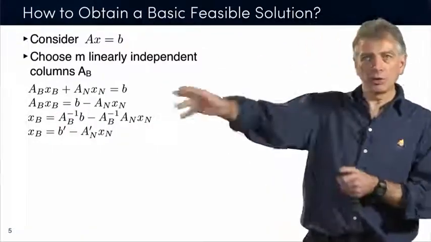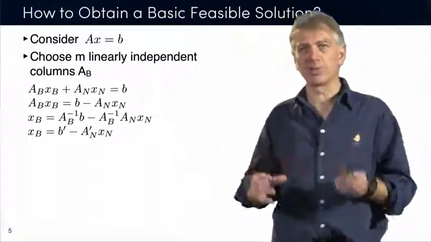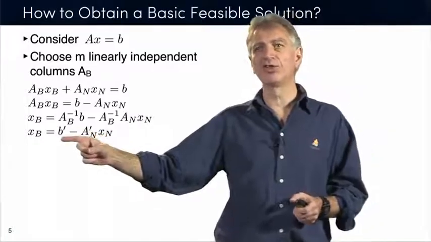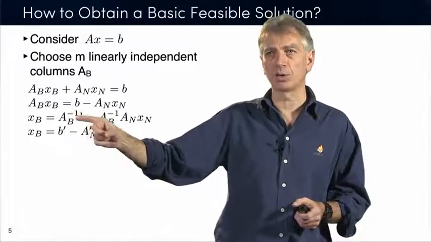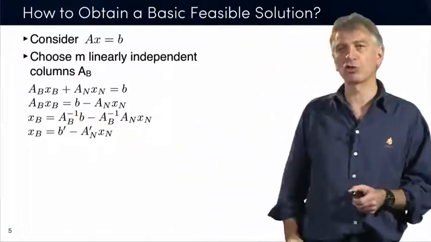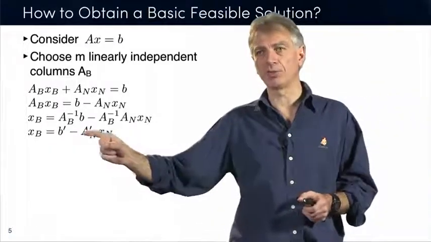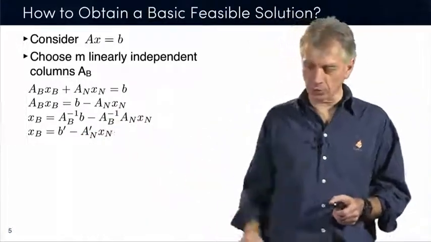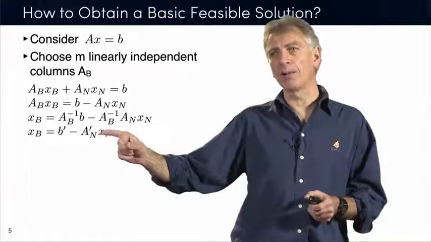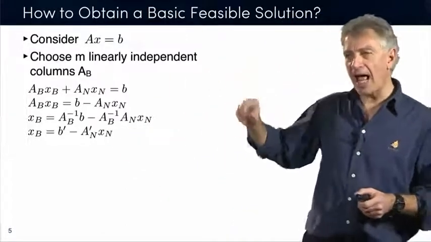Now when we do these operations, what we get is a new right-hand side b prime, which is equal to AB minus 1 times b. And then you get new coefficients for the non-basic variables, which I'm calling AN prime.